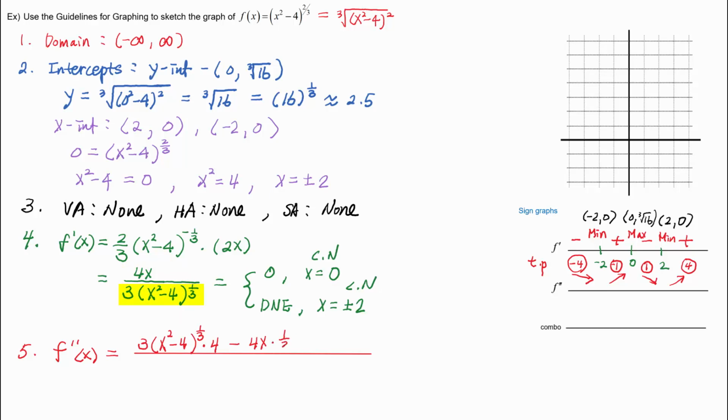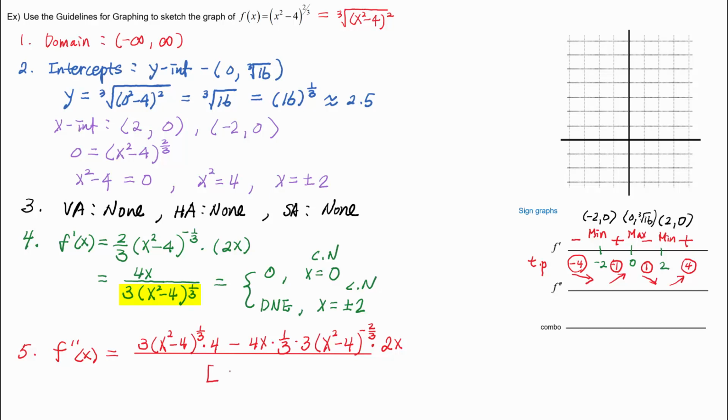So the 1/3 power comes to the front, and it is 3 times quantity x squared minus 4 to the negative 2/3 power, times chain rule, the derivative of the inner function is 2x, over the square of below.